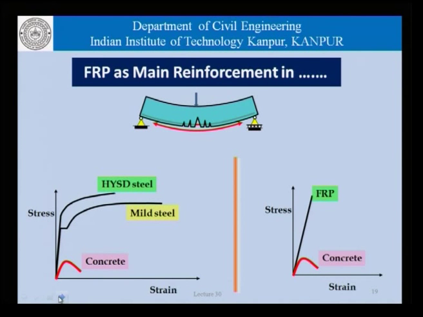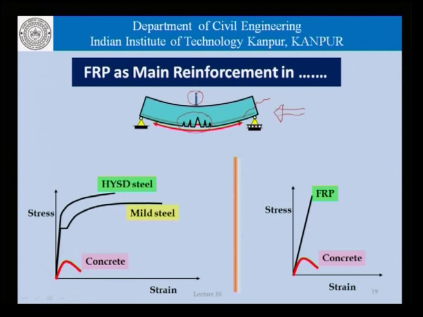For that, we need to look once again at the basic behavior of reinforced concrete. Now, this picture here shows a very simple beam, a simply supported beam loaded at the center, which deforms like this, and this here is the reinforcement, because concrete is weak in tension, and unless we have this reinforcement here, these cracks are likely to run through and destroy the beam.